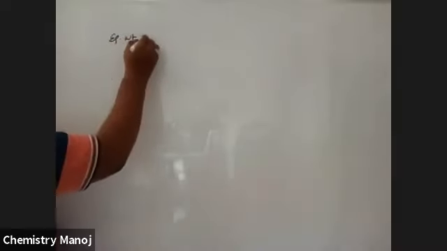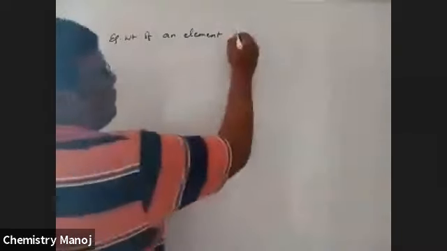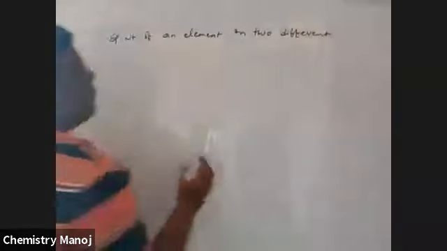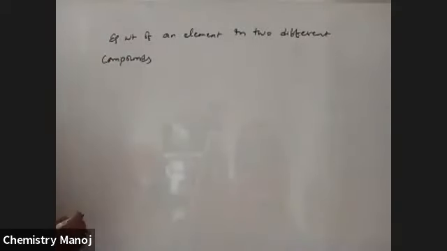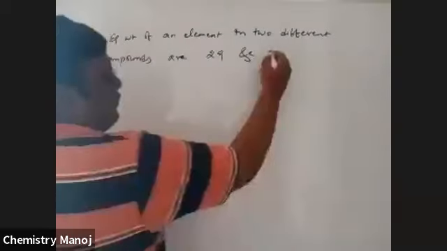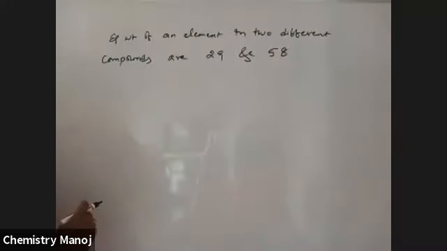Next and last for today's class. The equivalent weights of an element in 2 different compounds are 29 and 58. Sorry, 29 and 58.